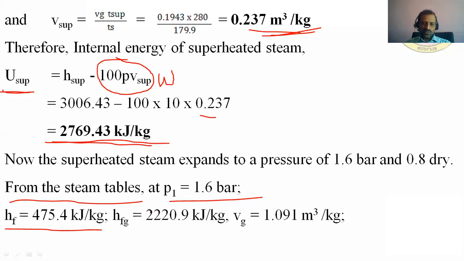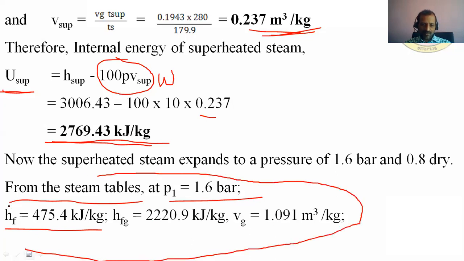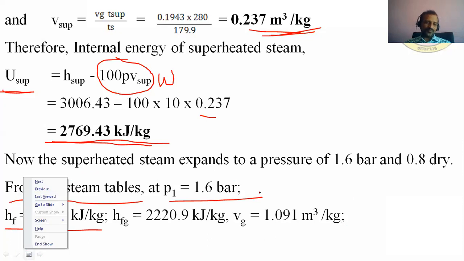HFG is equal to 2220.9 kilojoules per kg. Then VG, that is called the specific volume of dry steam, that is 1.091 meter cube per kg. So all these values I have taken from the steam table.